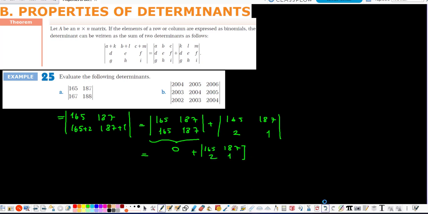Then the result of this matrix has to be 0 plus 165 minus 2 times 187, it should be, which is going to be equal to 165 minus 2 times 187.